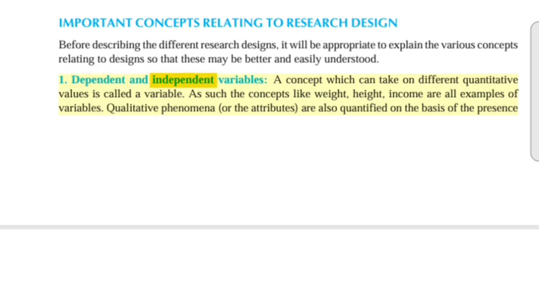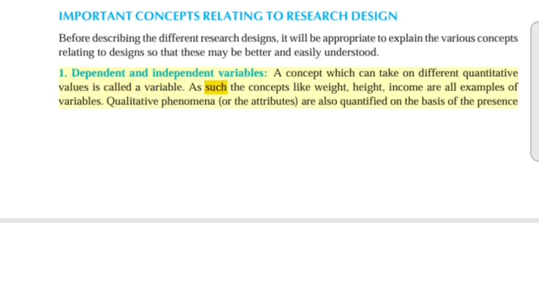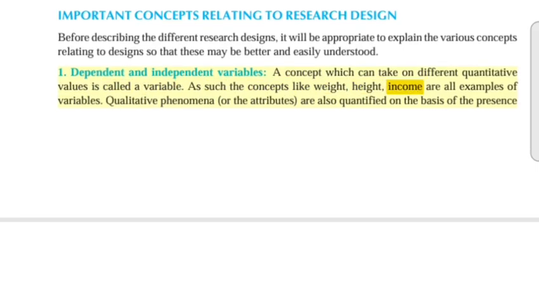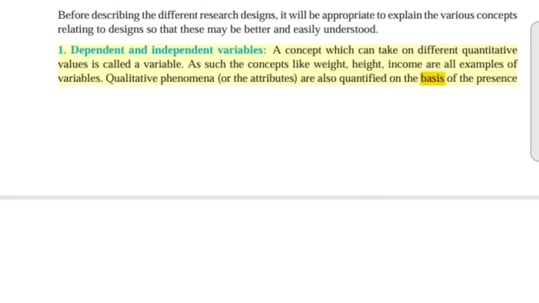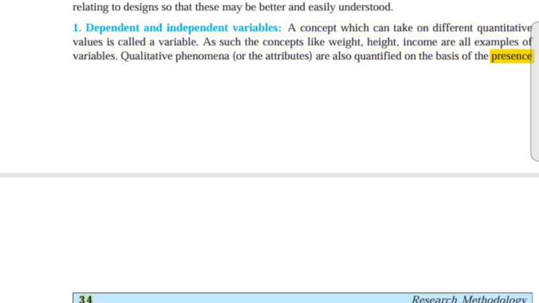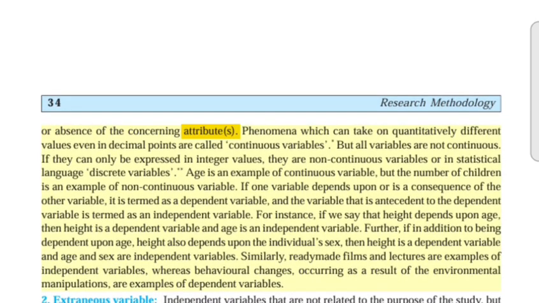1. Dependent and independent variables. A concept which can take on different quantitative values is called a variable. As such, the concepts like weight, height, income are all examples of variables. Qualitative phenomena, or the attributes, are also quantified on the basis of the presence or absence of the concerning attributes.